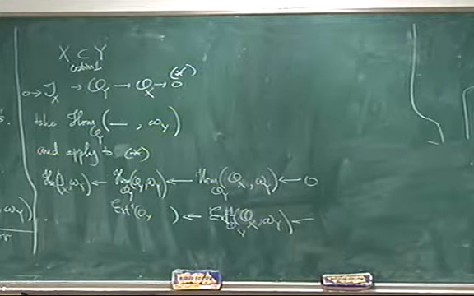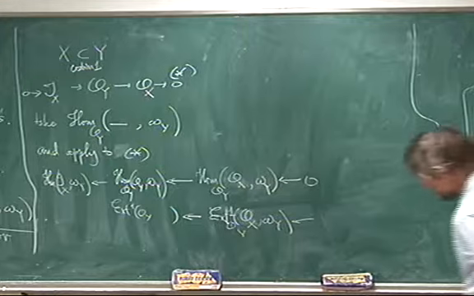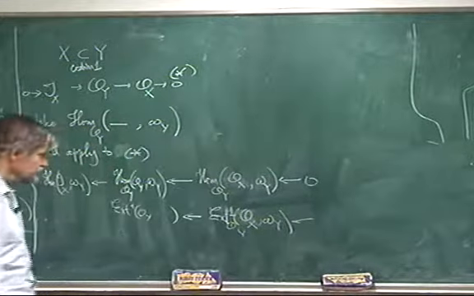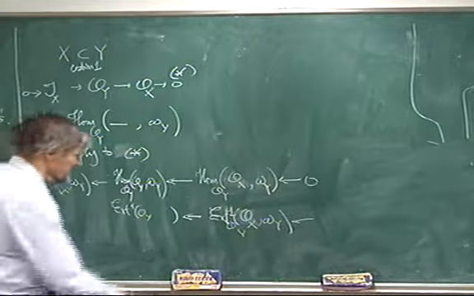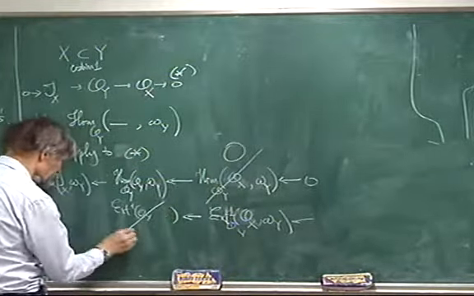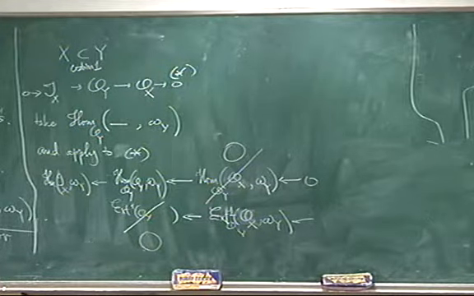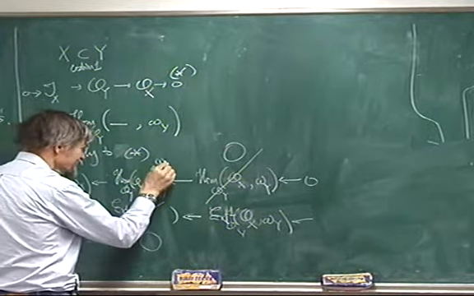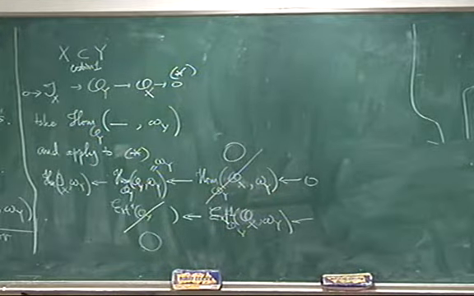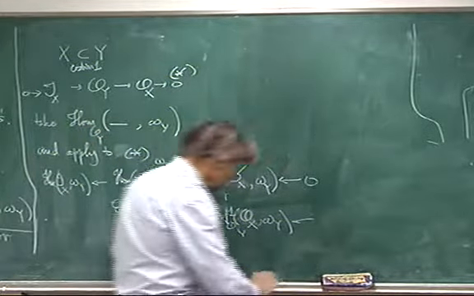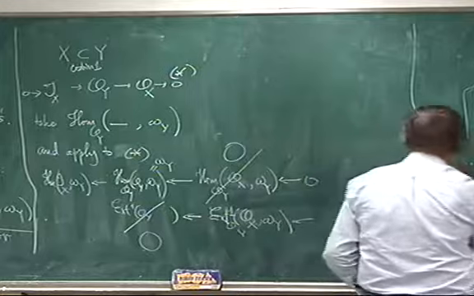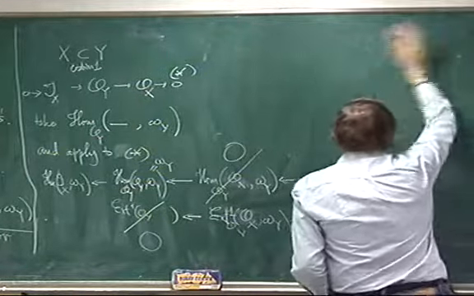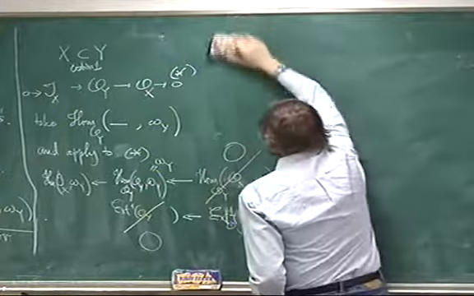I've written down stuff which is all just formal; this is the definition of a derived functor. However, something very nice happens here. This guy is 0, and this guy is 0, and this guy here is just omega Y. I'm going to say that this is exactly the same as the adjunction sequence that you already know.